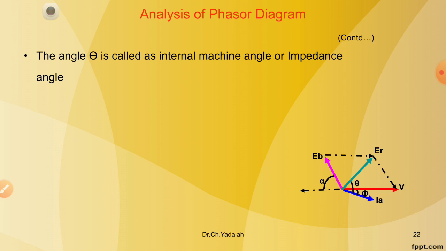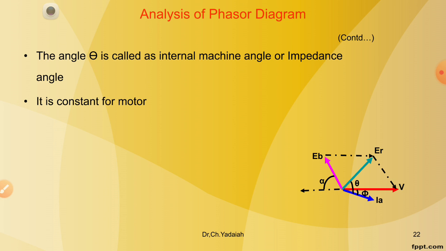The theta angle is between the armature current and resultant voltage. Phi is the angle between the applied voltage and armature current. Alpha is the angle between the reference voltage and back EMF, where theta, the internal machine angle or impedance angle, is always constant.